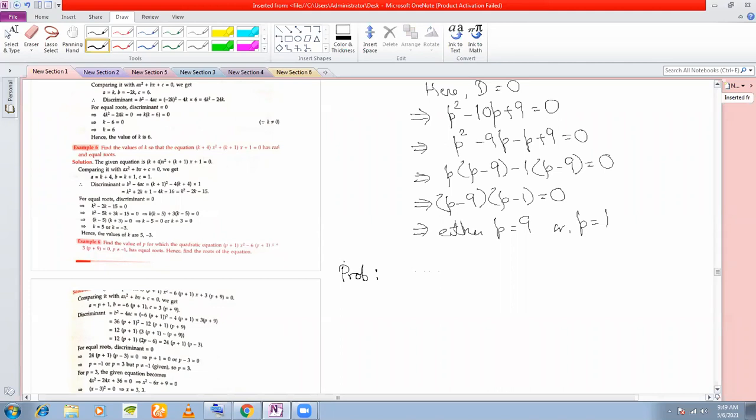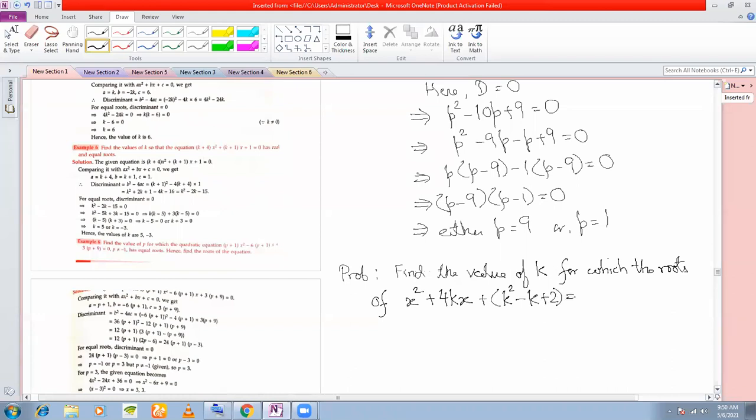The question here is, find the value of k, in fact, for which the roots of x square plus 4kx plus k square minus k plus 2 equal to 0 are equal.